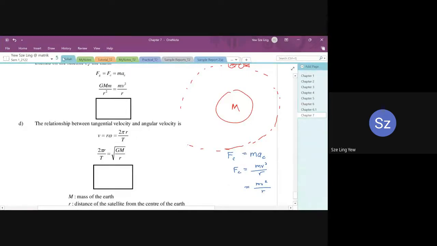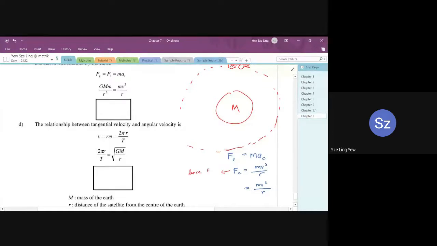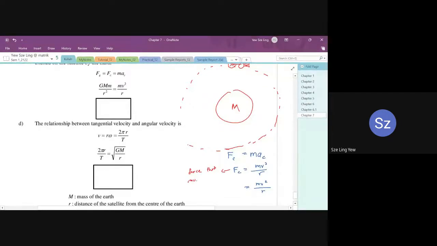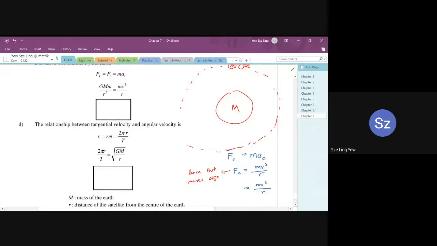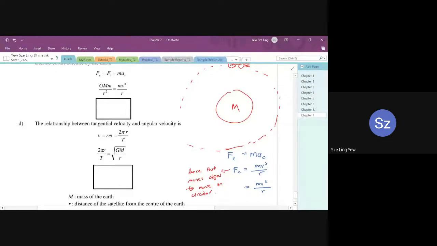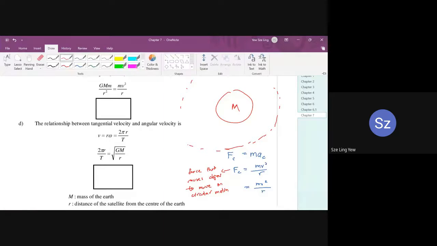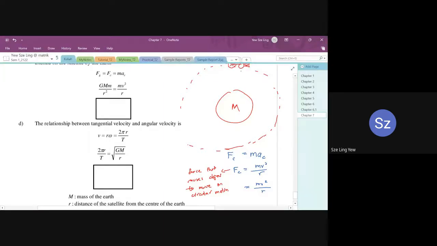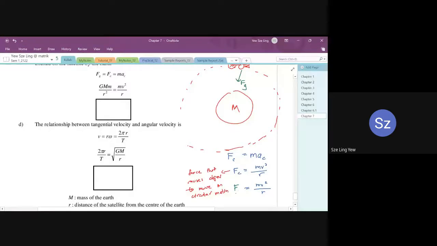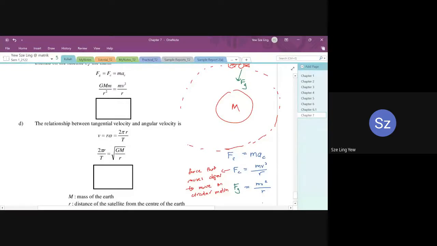Fc is the force that causes an object to move in circular motion. In this case, the force that causes my satellite to move in circular motion is the gravitational force. Therefore, Fg equals mv squared over r.